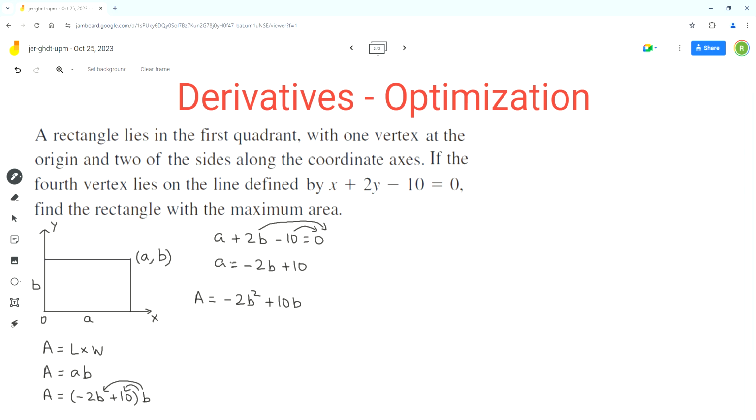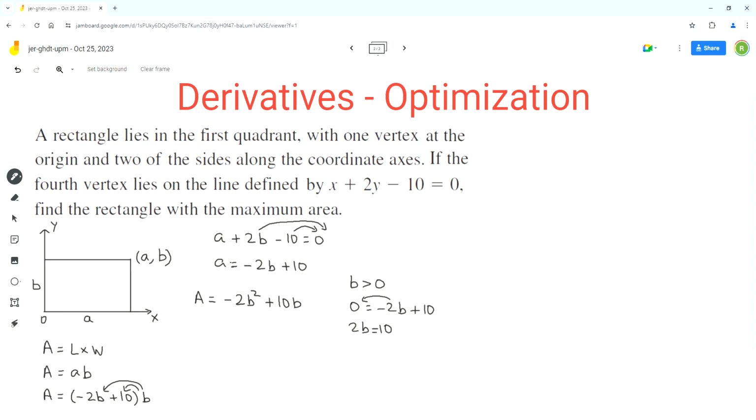B represents the width of the rectangle and it's the y coordinate of a point in the first quadrant. So we know that B cannot be less than or equal to 0. So B has to be greater than 0. B will achieve its maximum value when A is 0 in the equation. So if we sub in A as 0 in the equation, we have to solve for B. So we should move 2B to the left side and that will make it positive.